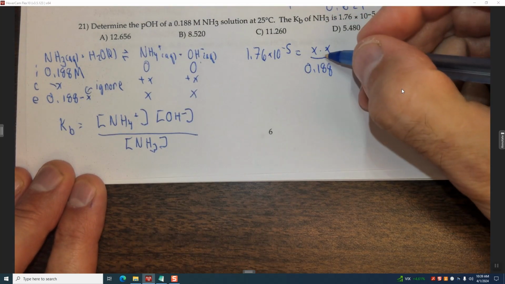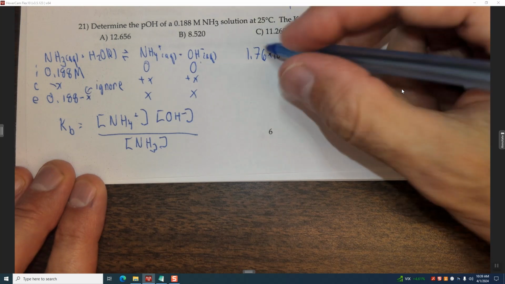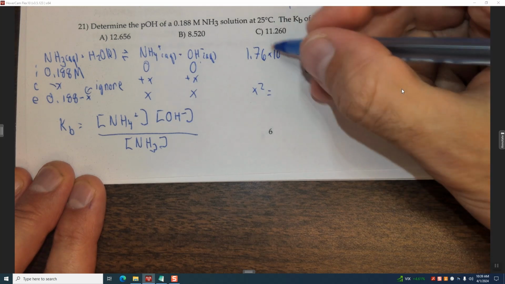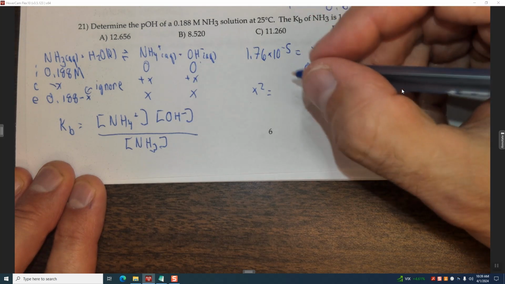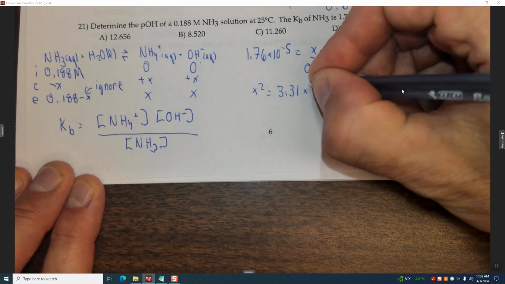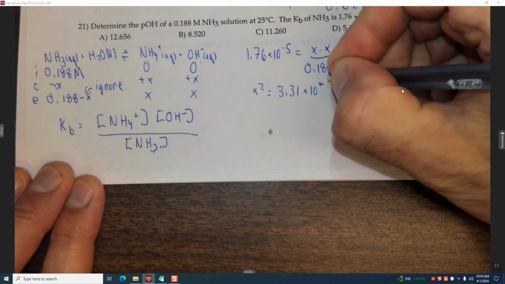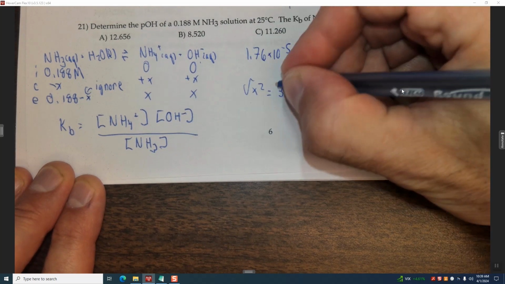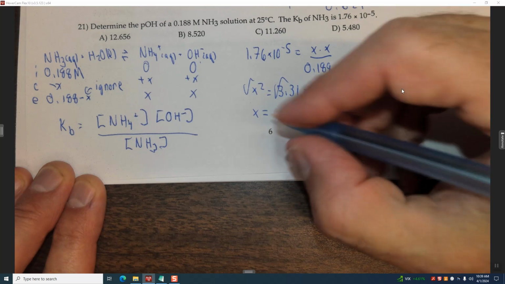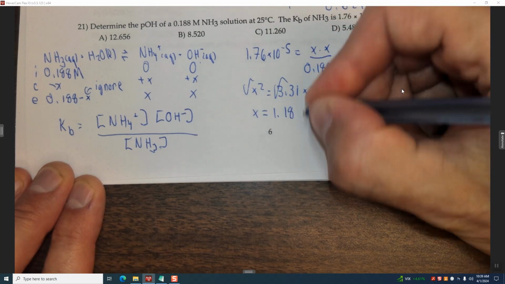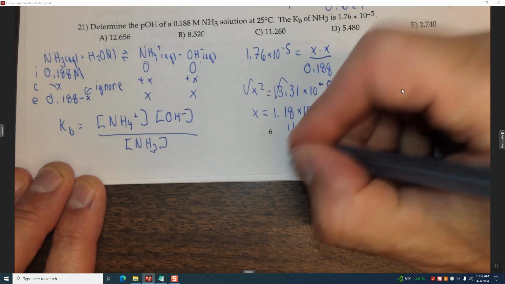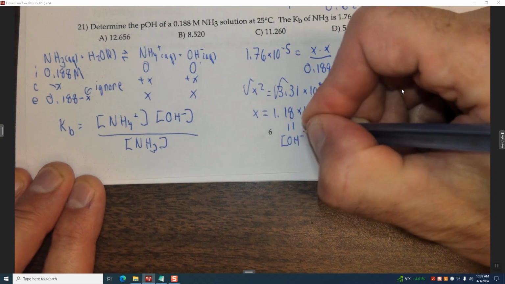We're ignoring that X. When we cross multiply, we find that X squared is equal to this times 0.188, which is going to be 3.31 times 10 to the minus 6. Then we take the square root, and we find that X is equal to 1.18 times 10 to the minus 3. This is the concentration of OH minus.